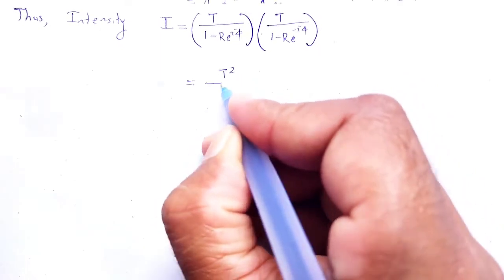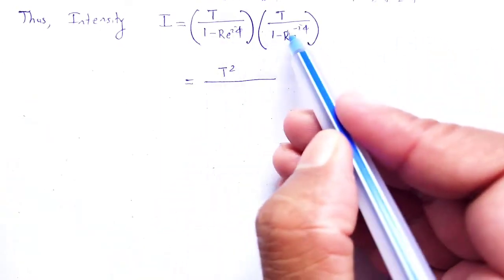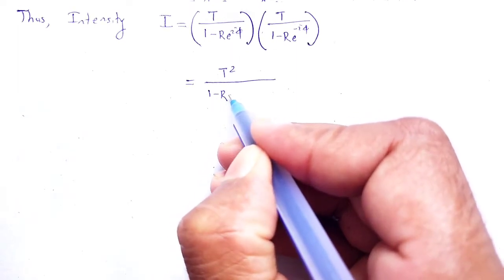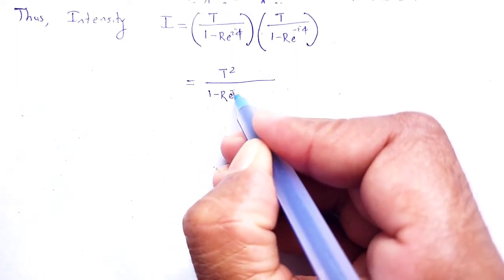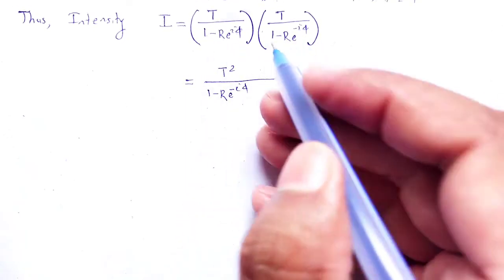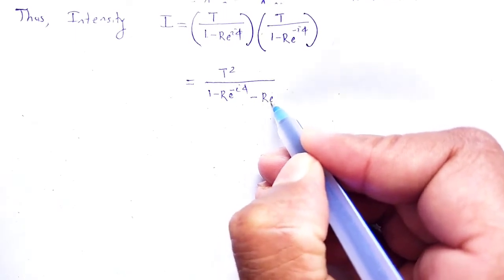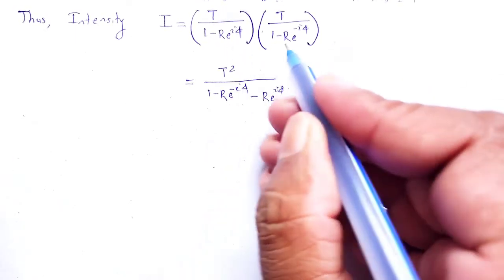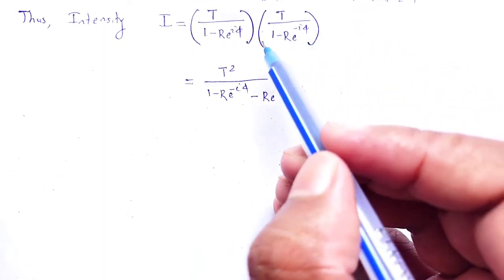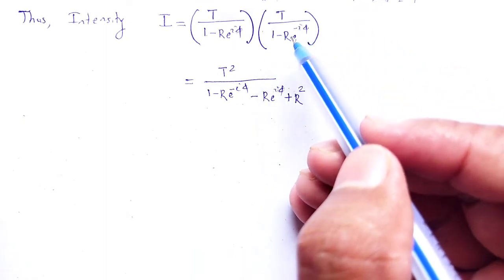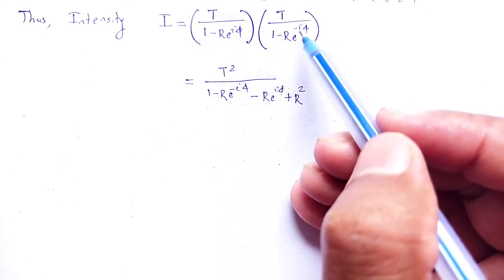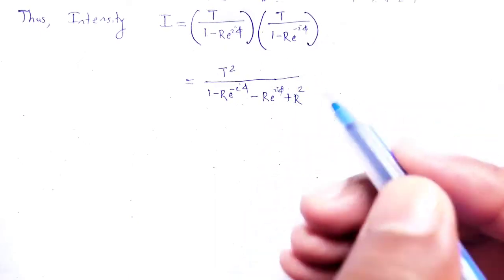Here T square, its multiplication is 1 minus r e to the power minus i phi. When 1 is multiplied to that term, then minus r e to the power i phi, minus r e to the power minus i phi, plus r square e to the power i phi e to the power minus i phi, that is 1.